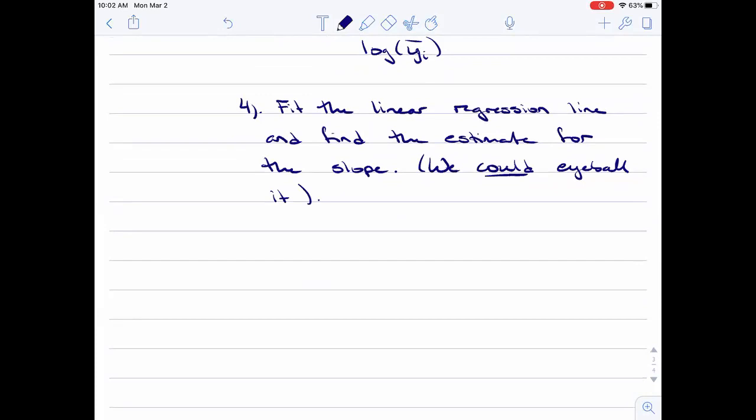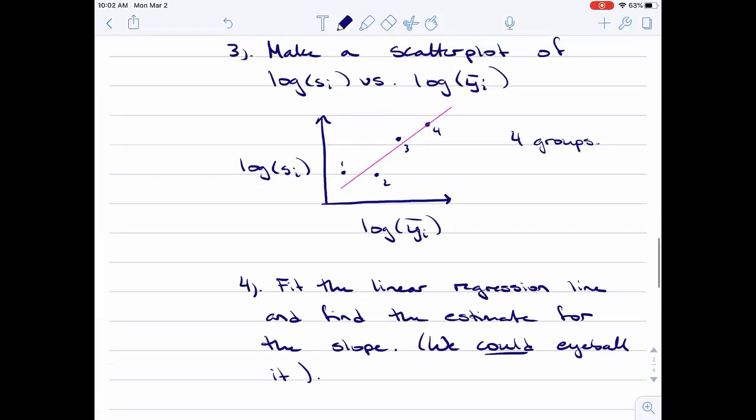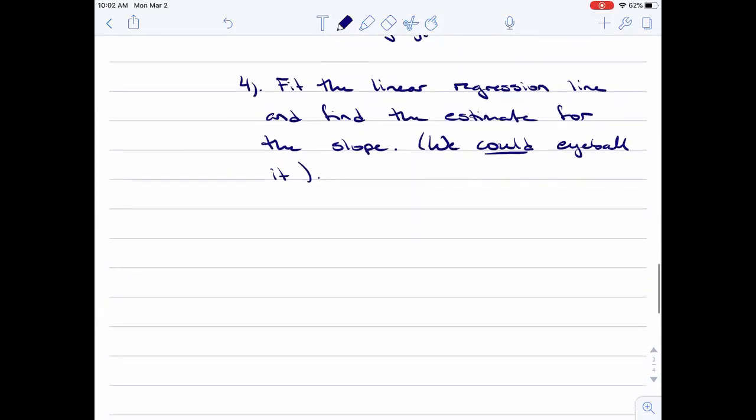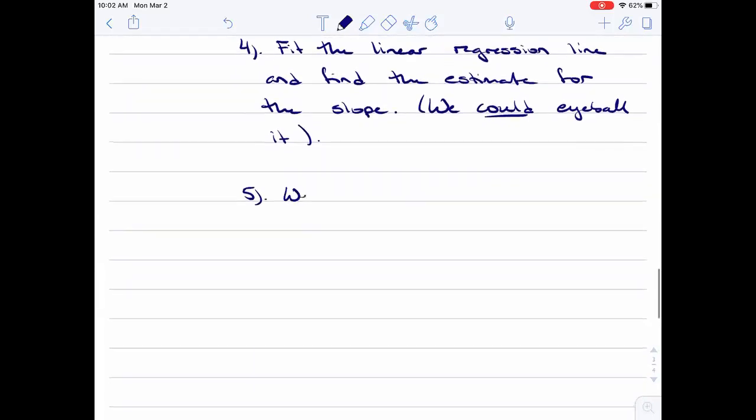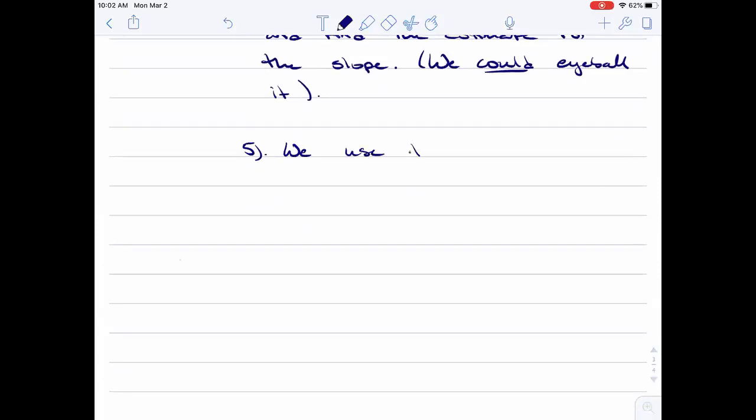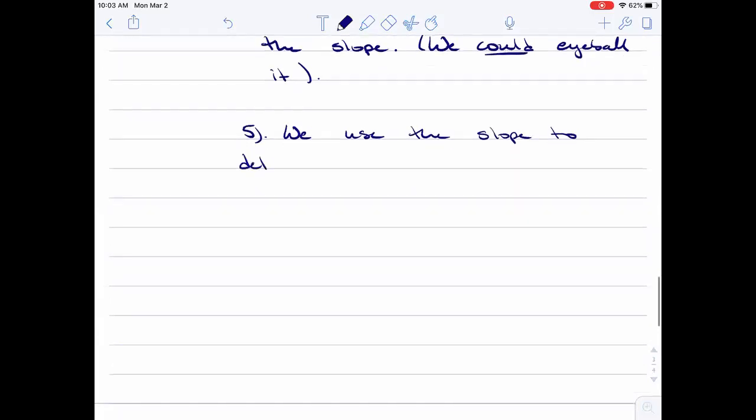For us, because I know you guys like rules, you can fit the linear regression line, find the slope, and then what we use the slope for is to figure out what our transformation might be. We use the slope to determine what transformation to use.